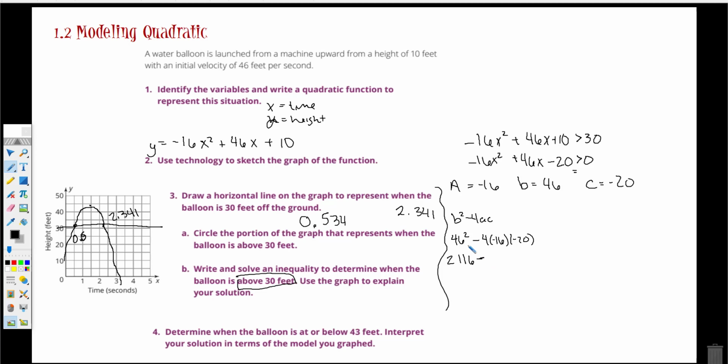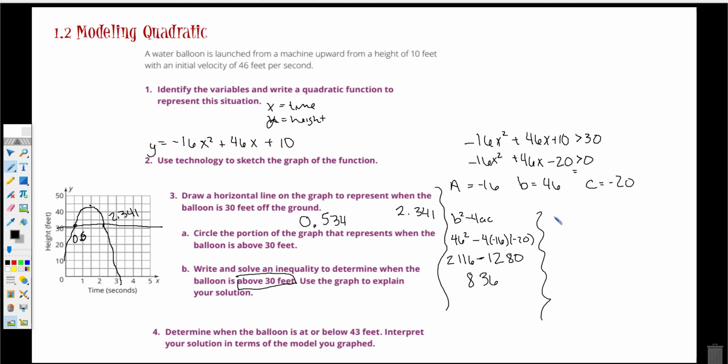And 4 times 16 times 20 is 1280. And we're going to subtract that from 2,116, which gives you 836.